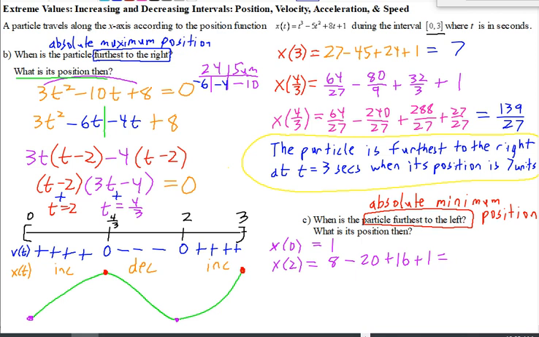So if we take the positive ones first, that's 8 plus 16 is 24, plus 1, 25, minus 20 is 5. But this time we're looking for the lower of the two. So you can see 1 is less than 5, so our minimum position is 1 at time 0.